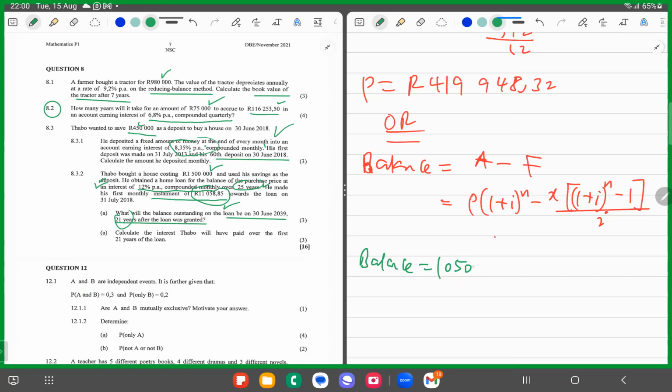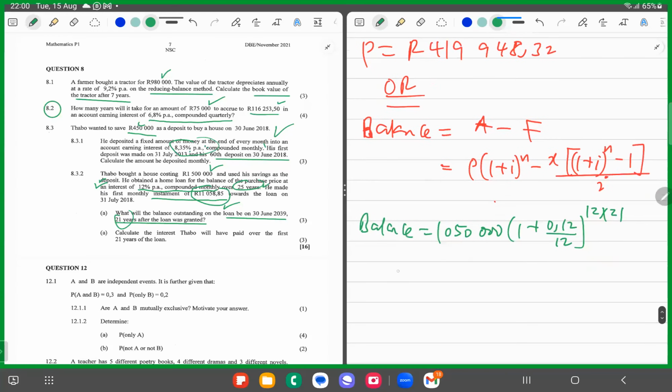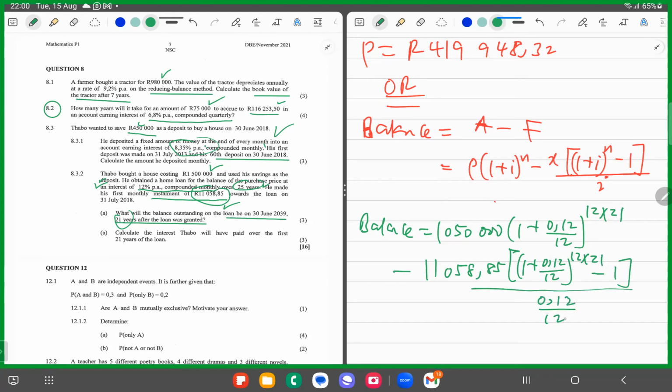So 1,050,000 into 1 plus 12% divided by 12, to the power of 12 times 21 years, minus 11,058.85 into 1 plus 0.12 divided by 12, to the power of 12 times 21, minus 1, all divided by 0.12 divided by 12.